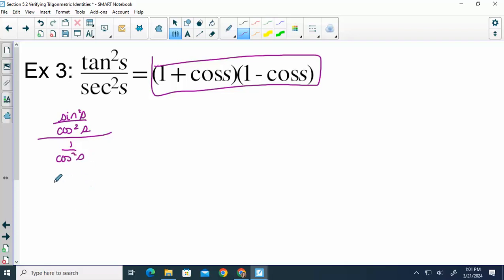How do you divide fractions? Those drop and we get sine squared s.